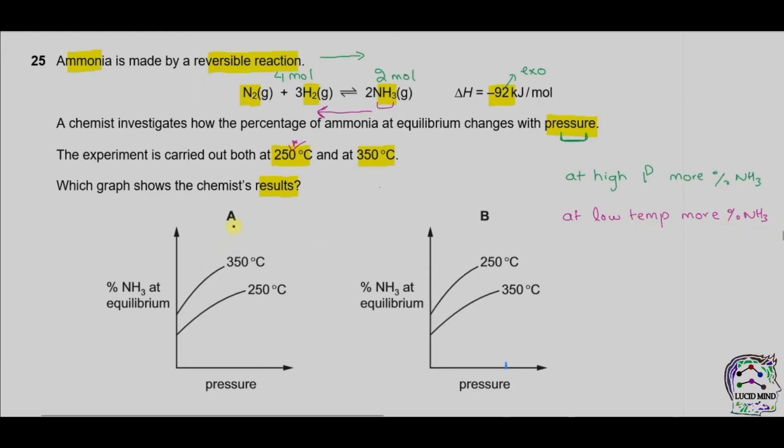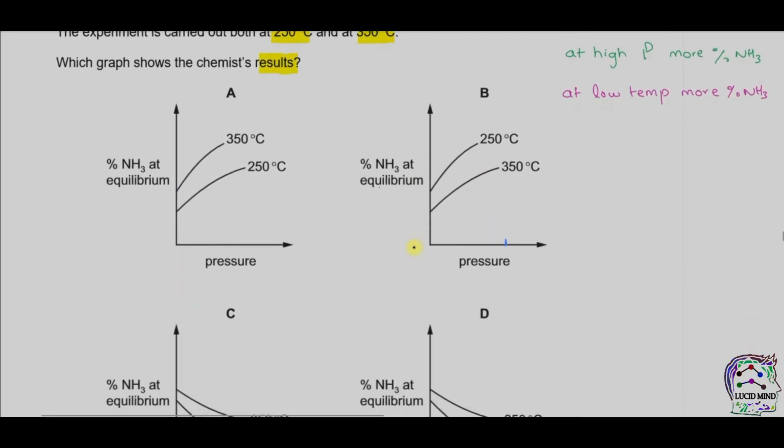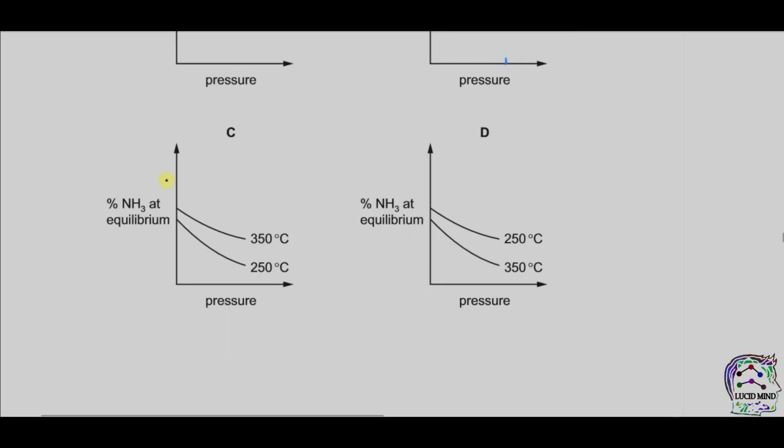Let's look into the options. In A and B, we can see that the percentage of ammonia at equilibrium increases by increasing the pressure. While in C and D, we can see that the percentage of ammonia at equilibrium decreases with increase in pressure. So C and D are incorrect for pressure.